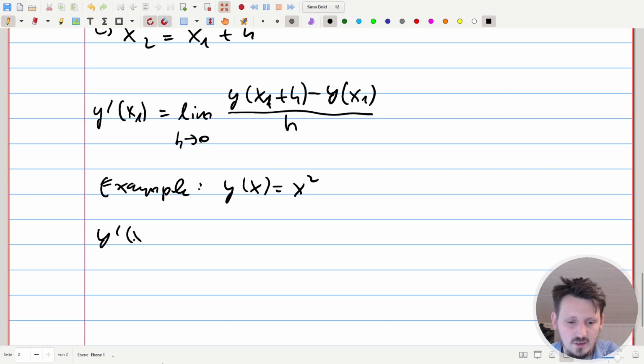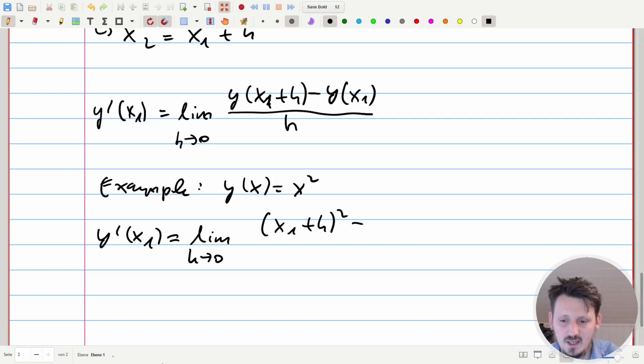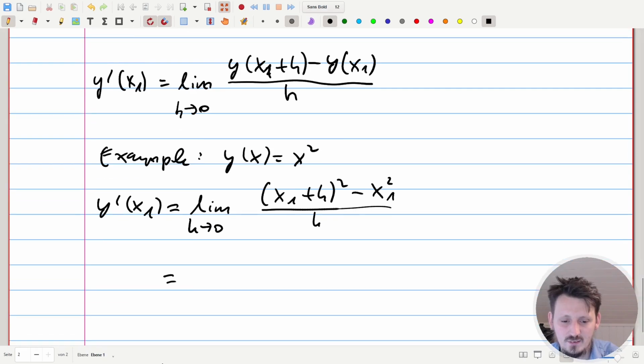So we calculate y prime of x1, and as I said, this should be h tending to 0, and then we have to insert here x1 plus h squared minus x1 squared divided by h. Okay, and then again, limit h tends to 0.